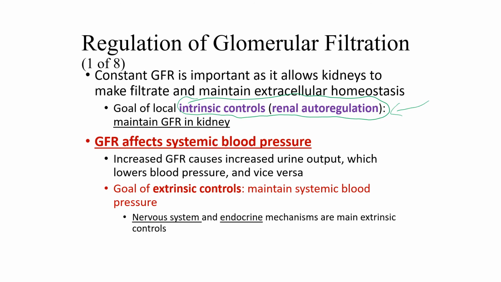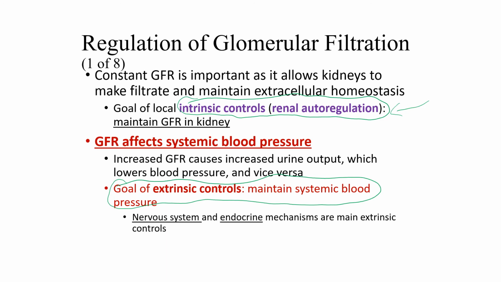And the GFR is going to affect the systemic blood pressure. We've talked about this, but remember that this is going to be the extrinsic control. So the intrinsic control is going to maintain GFR. The extrinsic control is going to maintain systemic blood pressure.